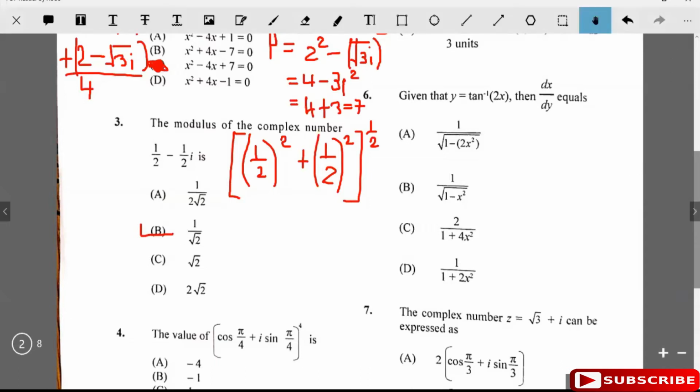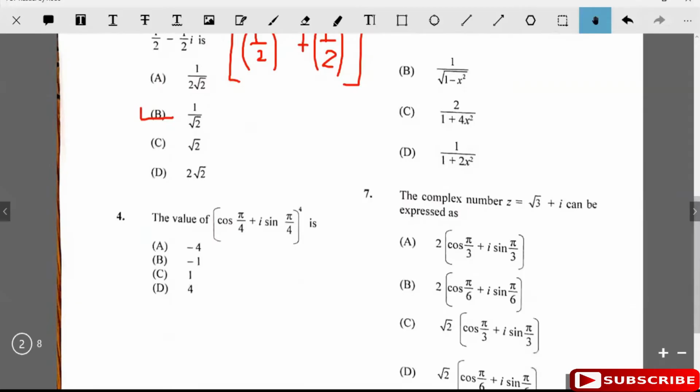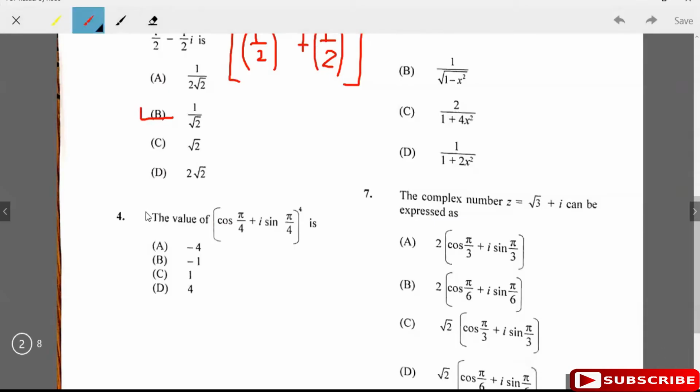Question 4. Just look at question 4 and tell me the answer. It's easy. The answer is -1, because we're just going to use De Moivre's theorem. It's cosine of 4 times pi over 4, which is pi, plus i sine pi.